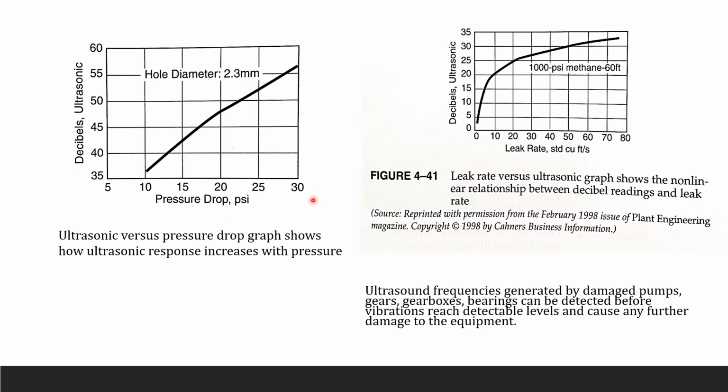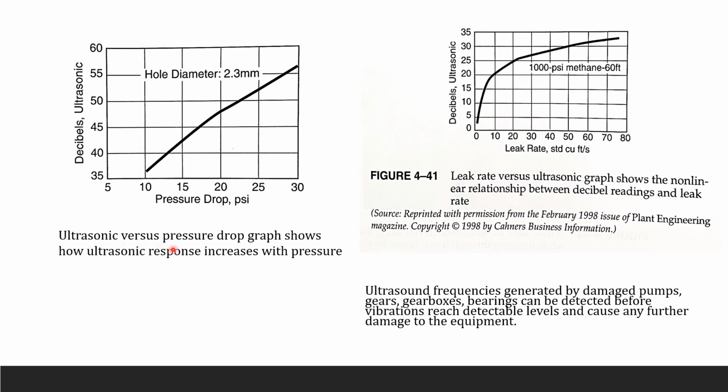So here we're going to graph it. So this is your ultrasonic versus pressure. So here you can see your y-axis is your ultrasonic in decibels, dB, and then your pressure is in psi. Don't confuse with your inches per second, okay? This is psi, the other one is IPS. It's vibration stuff.